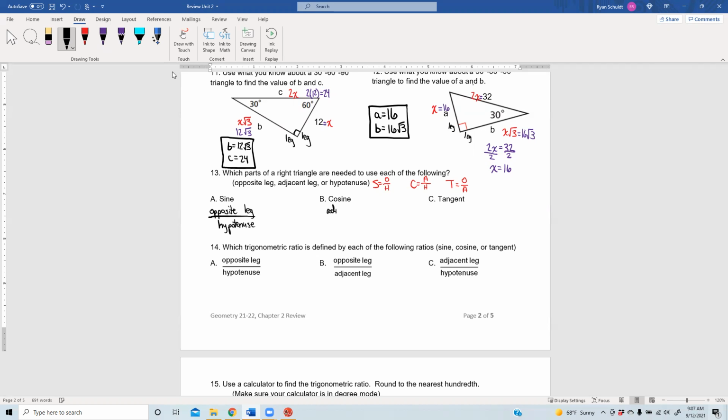I need the adjacent leg over the hypotenuse. And then for tangent, what do I need? O over A. Opposite leg over the adjacent leg.